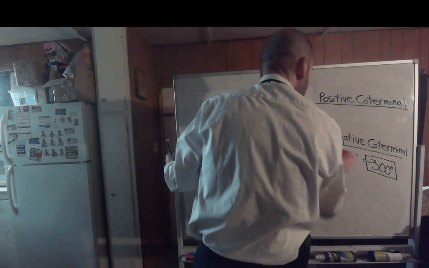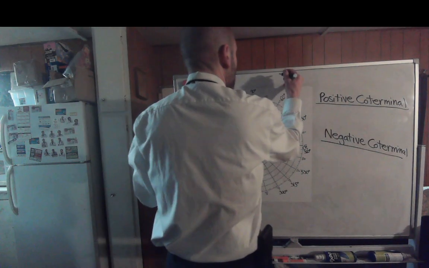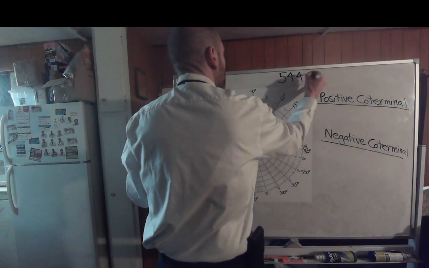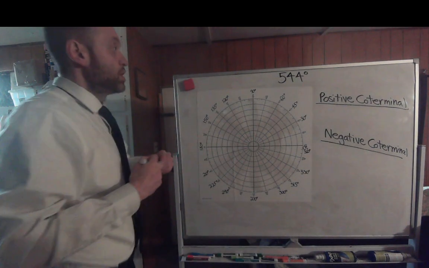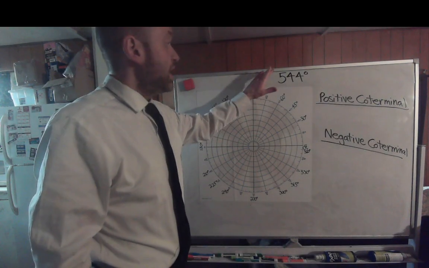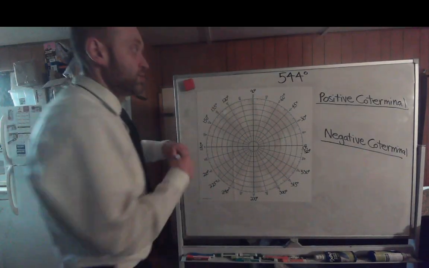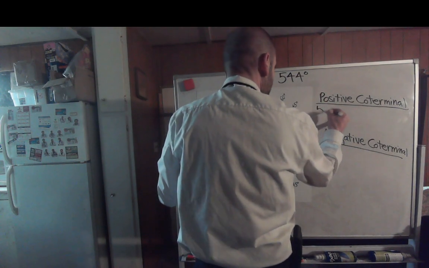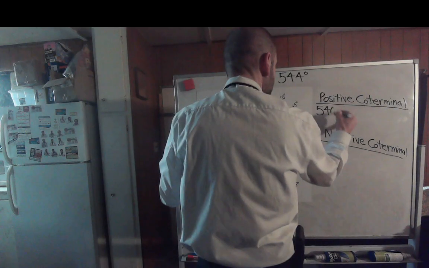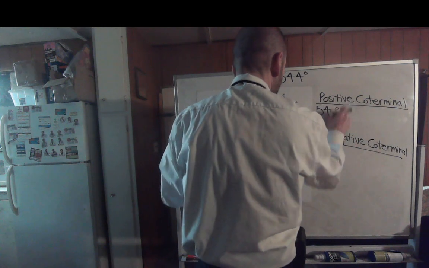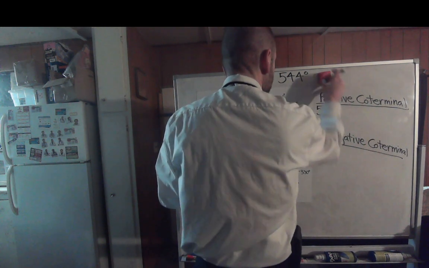All right, let's get wild with the next one. What if I had a 544 degree angle? Well, it's greater than 360, so I can still subtract 360 and be in the positives for coterminal. It's 544, however, not just 540.